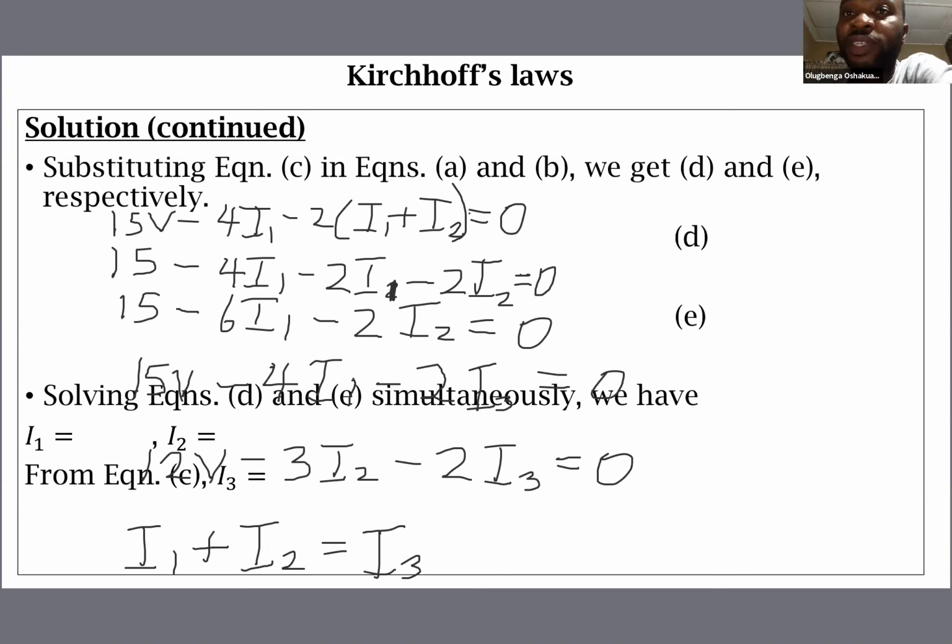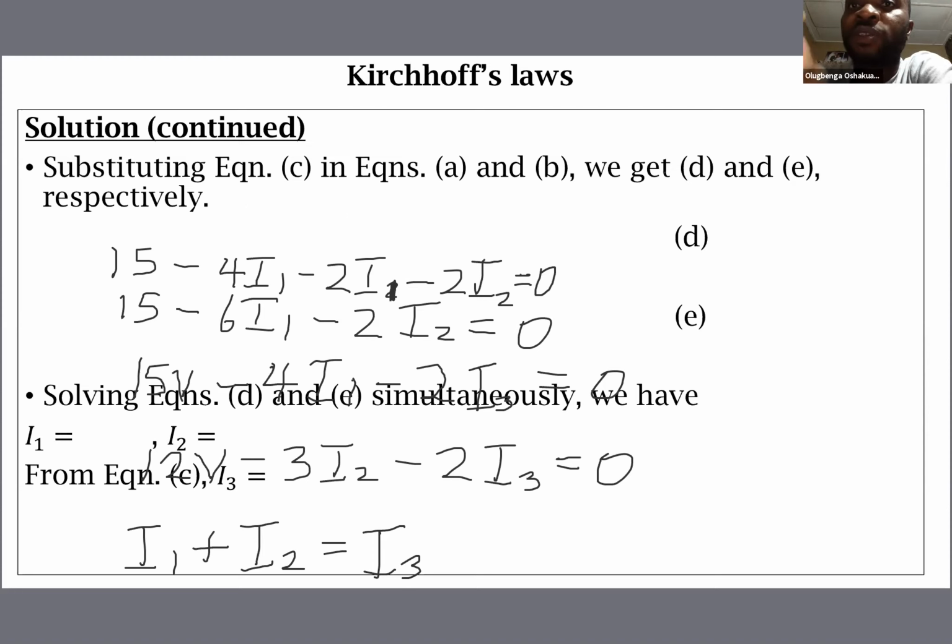So let's store this up here to say 15 minus 6I1 minus 2I2 equal to 0.